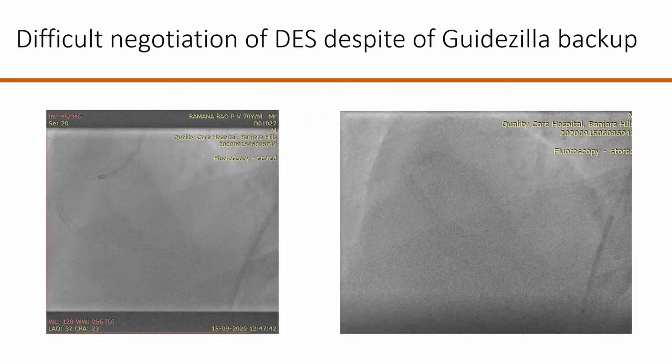With the help of the Guidezilla, that is a mother-and-child catheter, within the 6 French Judkins right catheter, we wanted to pass the 2.75 by 28 Xience stent in the distal RCA segment, but the entire assembly came back and did not give adequate support.